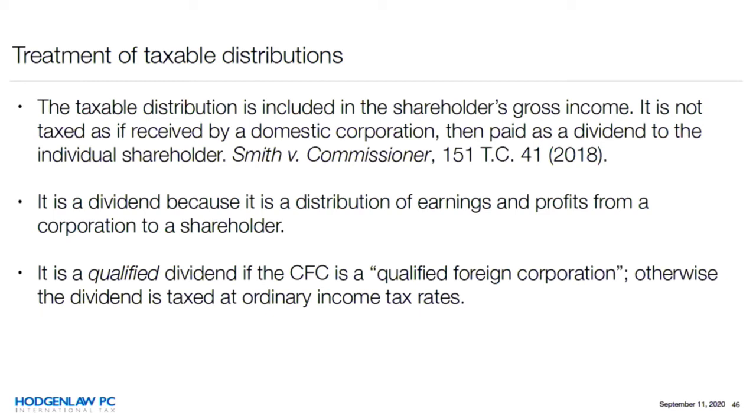It's a dividend, so that's the character of the income received. That 480 is going to be a dividend because it's a distribution of earnings and profits, and it's a qualified dividend if the CFC is a qualified foreign corporation. Otherwise, it's just going to be a dividend taxed at ordinary tax rates. And in the example I give you, I just assume it's going to be an ordinary dividend, ordinary income tax, not a qualified dividend.